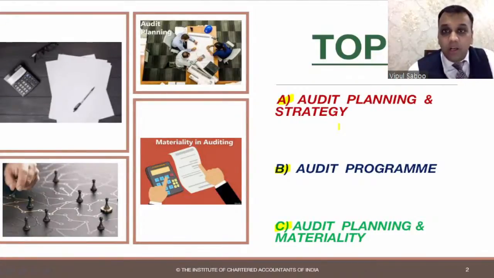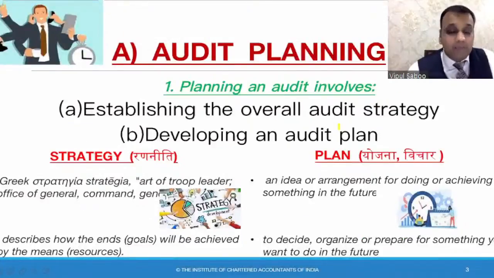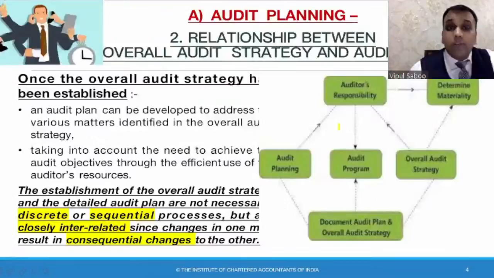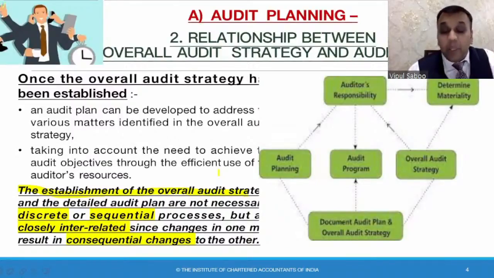So, a quick recap. Audit planning, we did strategy, plan, literally what do they mean, then what is the relationship between audit strategy and audit plan: they are not necessarily discrete or sequential processes, but closely interrelated.